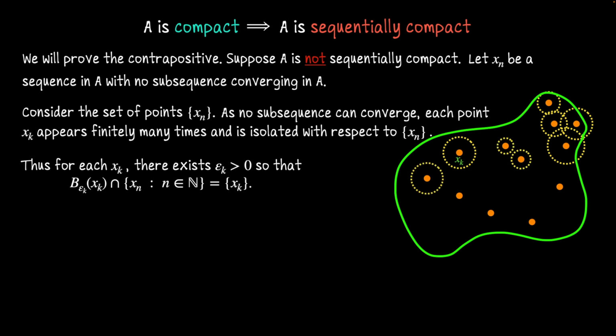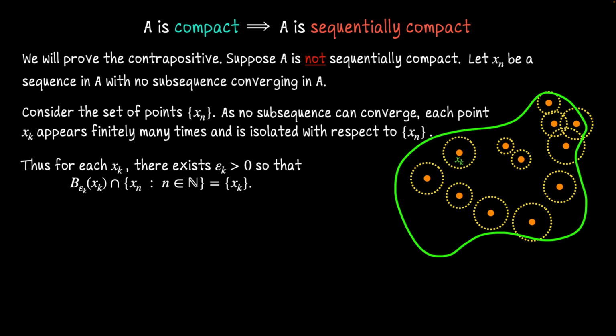Here I'm calling it epsilon sub k to go with the kth term, so that when I sketch the neighborhood around the kth term with that radius, it contains no other points from the sequence. Essentially, what we're doing is separating the terms in the sequence with these neighborhoods. We are isolating these terms from each other.